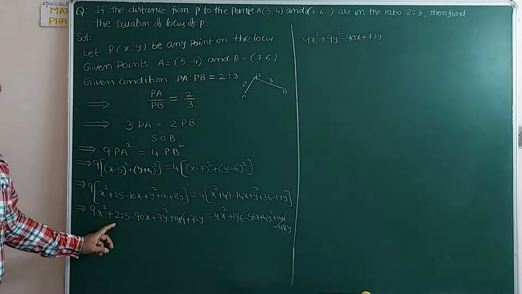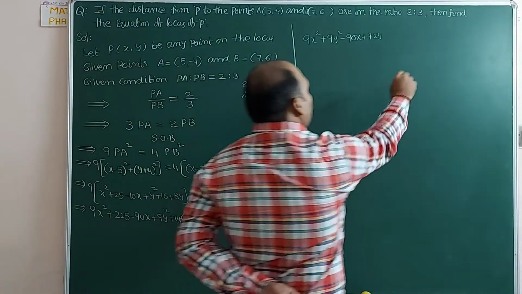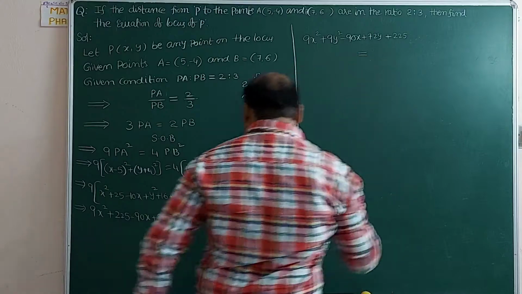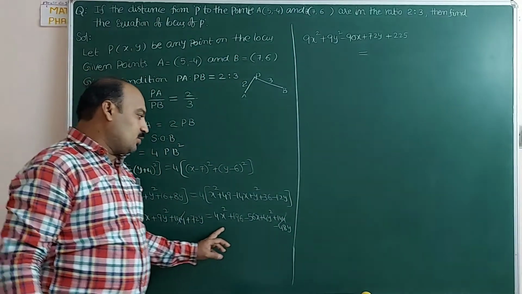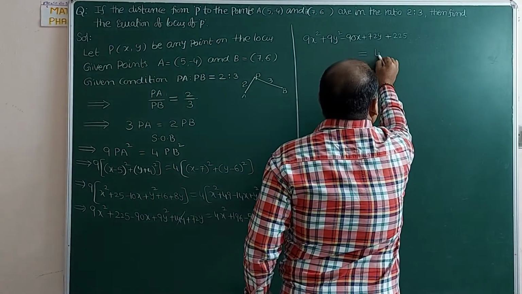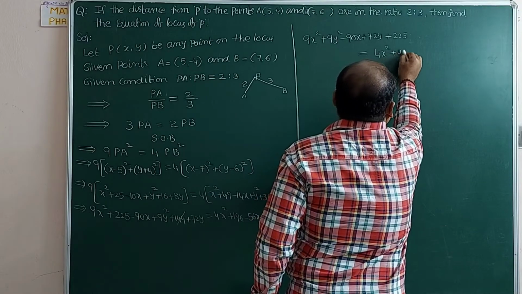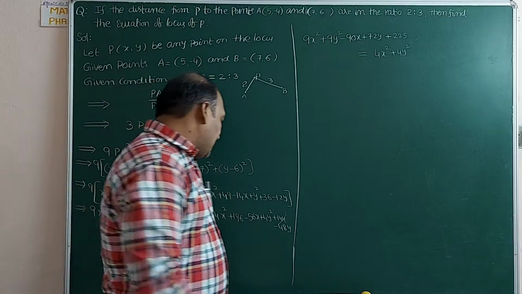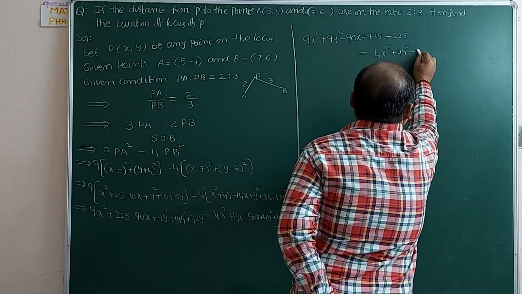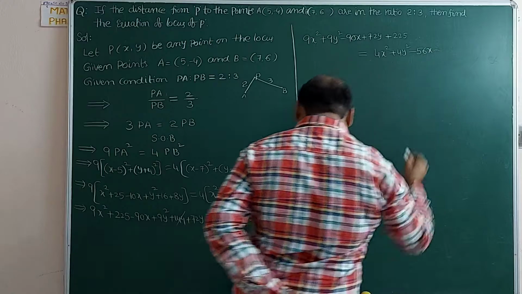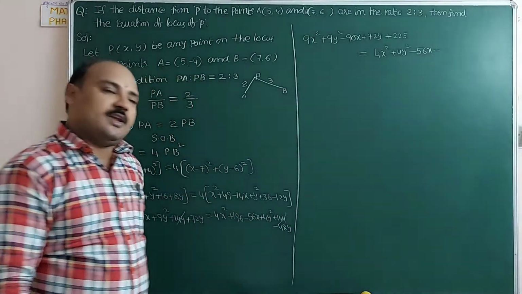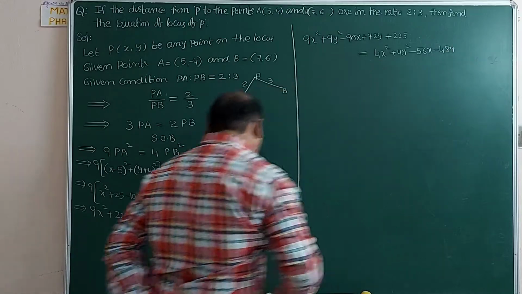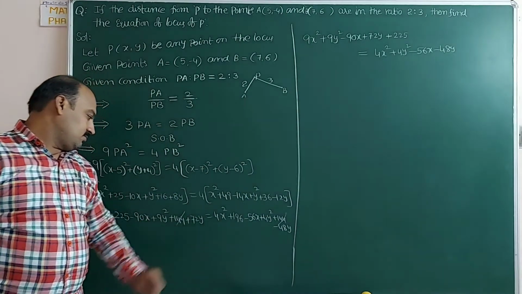Next constant, here 225 is there, which is equal to this side 4x² plus 4y². Next x term −56x, −48y, and constant 196.